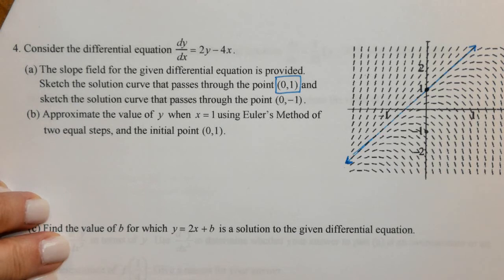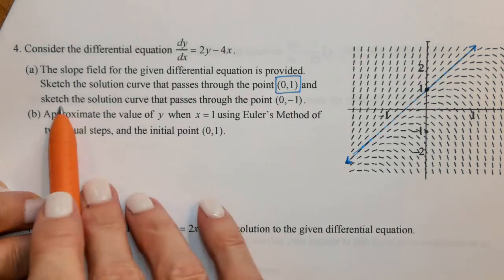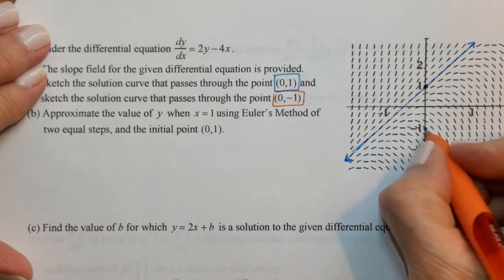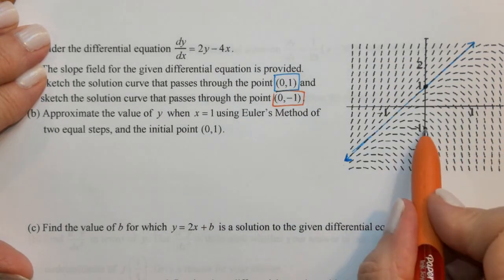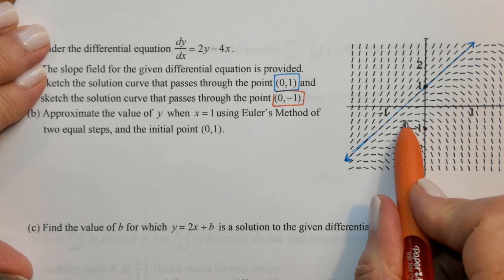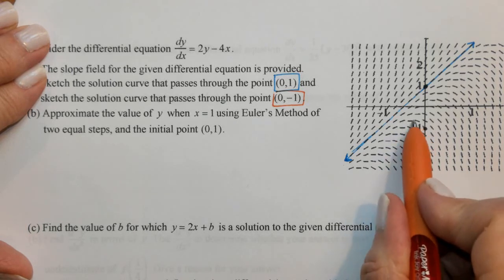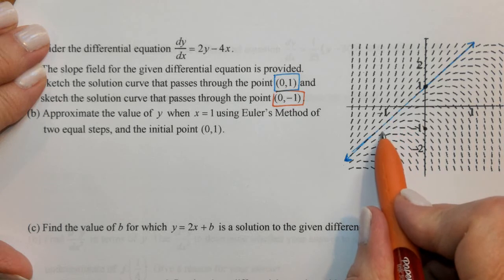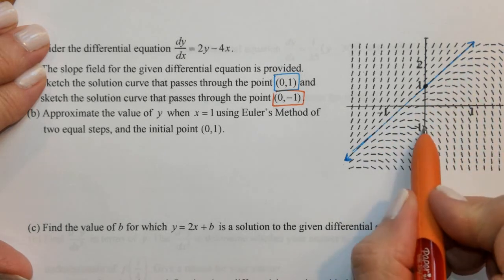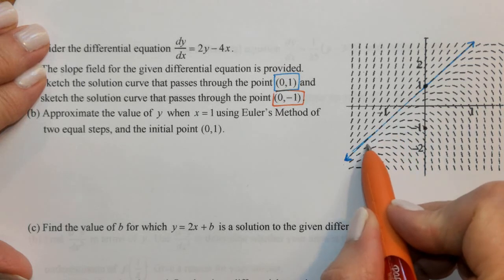I'm going to change colors because they're also asking me to sketch the solution curve that passes through (0, -1). Well, here's (0, -1). And again, I'm following along the slopes. This is definitely not a line anymore. It's definitely a curve. And this line that we drew in blue, that's going to be like our asymptote for this, apparently.